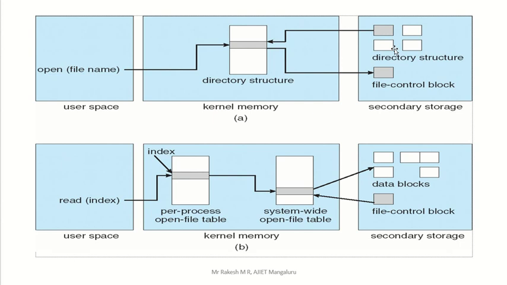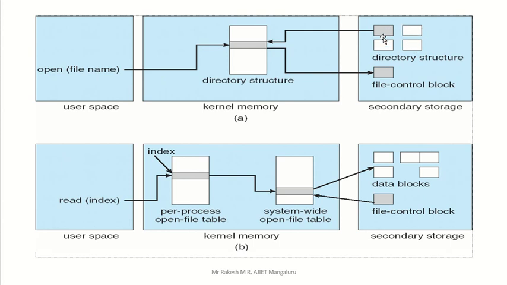In the directory structure, that means in the secondary memory, the name of the file you want to open is given, right? So that file name is searched in the directory structure. It contains a lot of blocks, right? Directory structure means the secondary memory we are dividing, so it contains lot of blocks. In which block is our file name there, that we have to find out.